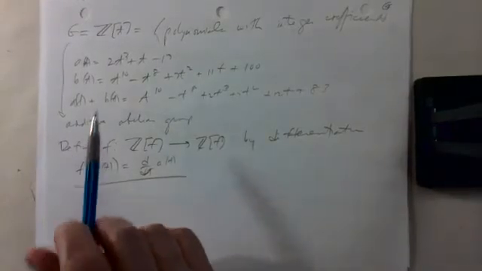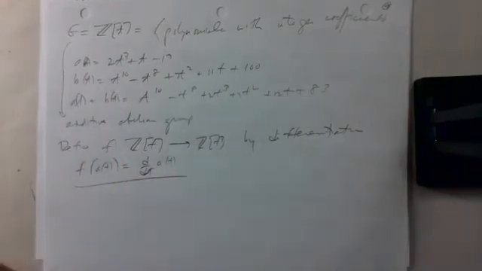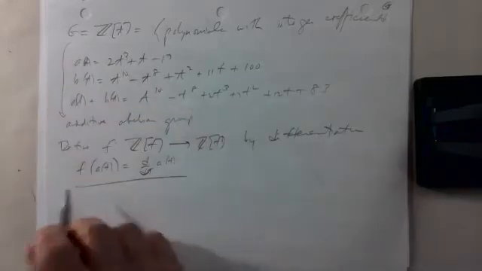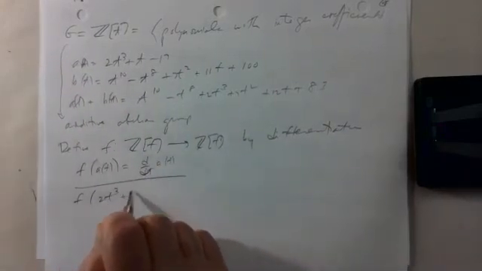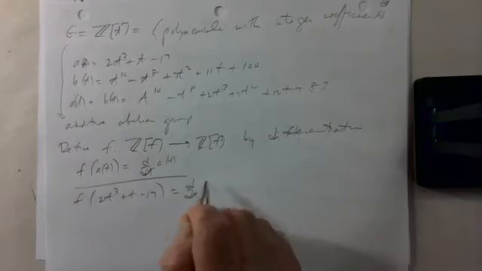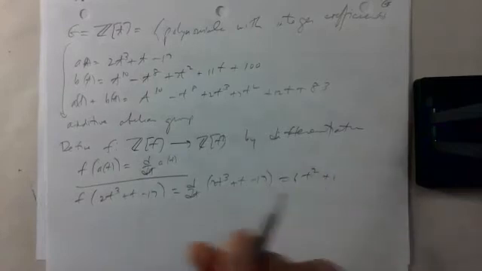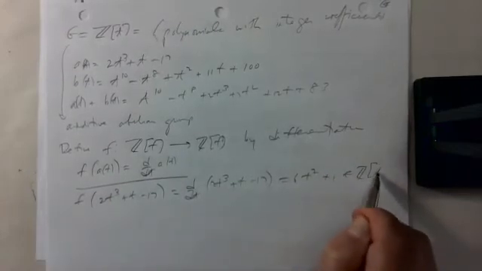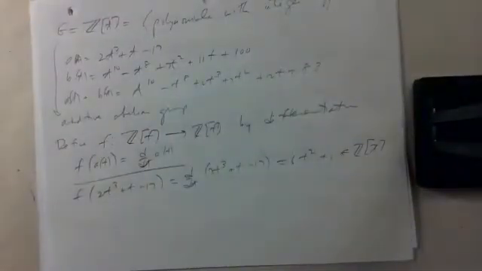For one thing, if you take a polynomial with integer coefficients and you differentiate it, you get another polynomial with integer coefficients. So for example, f of 2t cubed plus t minus 17 is the derivative, that's 6t squared plus 1. This is another polynomial with integer coefficients. So differentiation is a homomorphism on this set of polynomials.